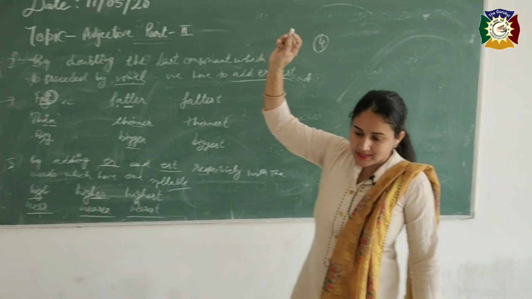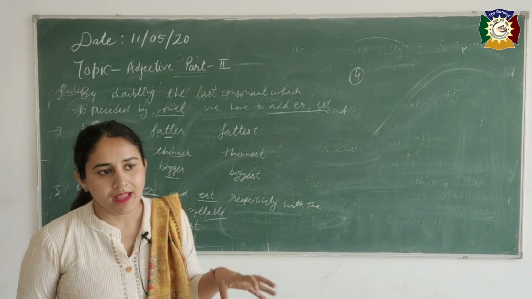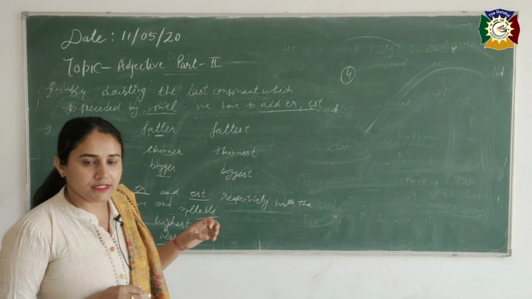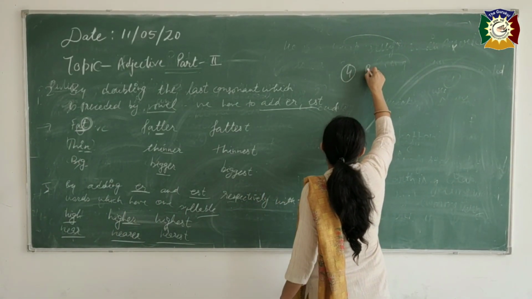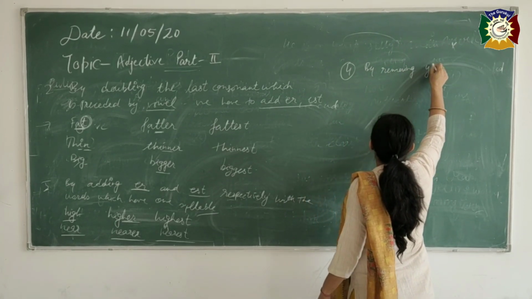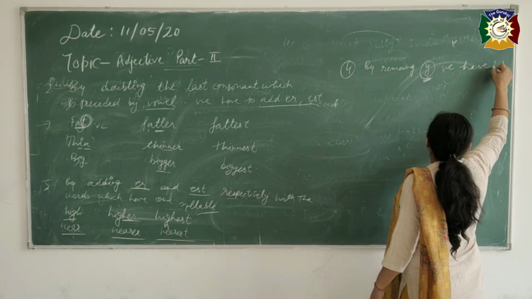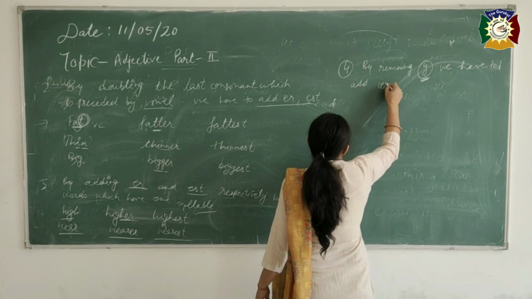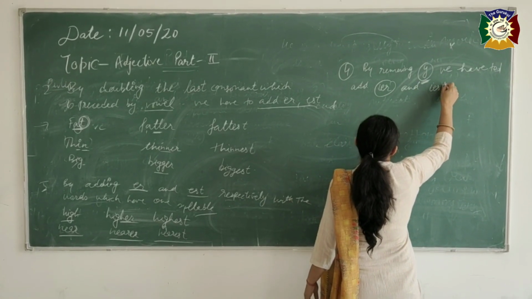Here we will discuss that by removing y, we have to remove y and add IER, IEST with the adjectives. Suppose I am writing here, by removing y, what we have to do? We have to add IER and IEST.